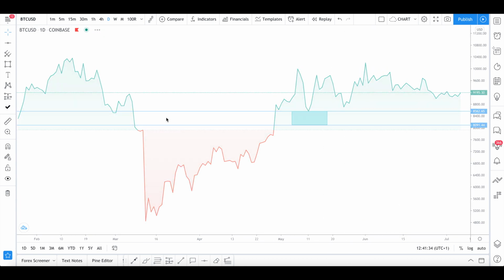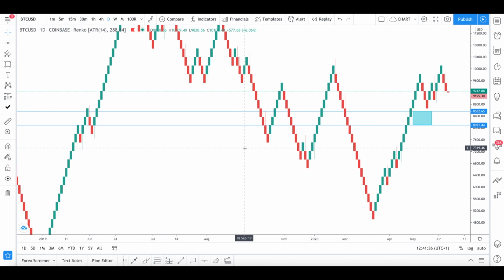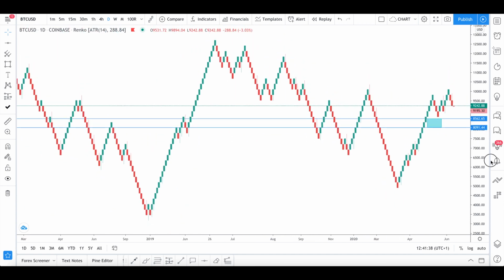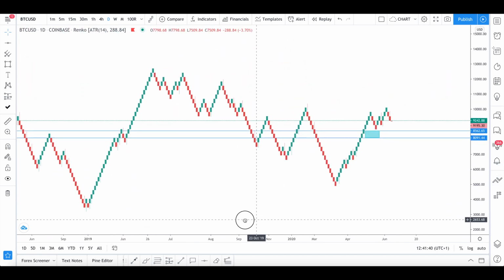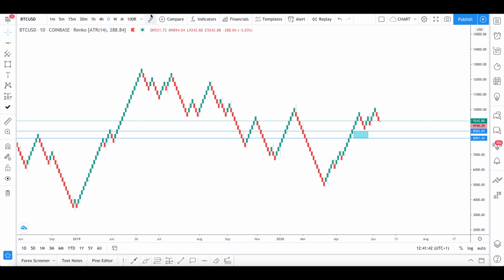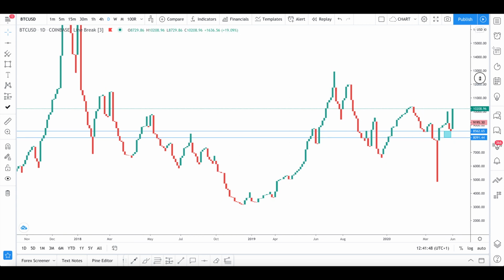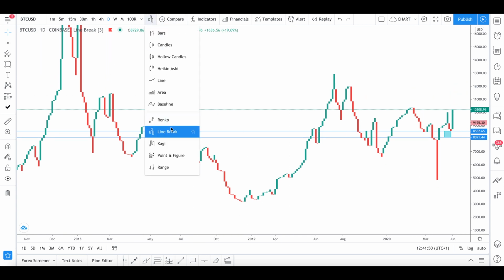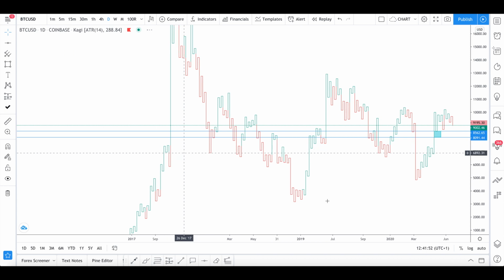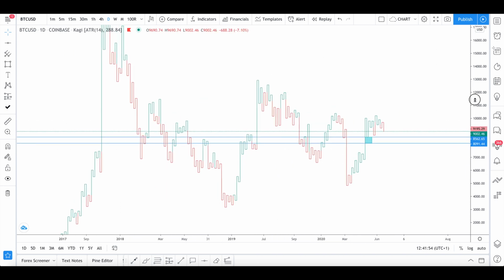Also there is the Renko chart, which is like triangles. There is the line break chart, and the Kagi, as this.